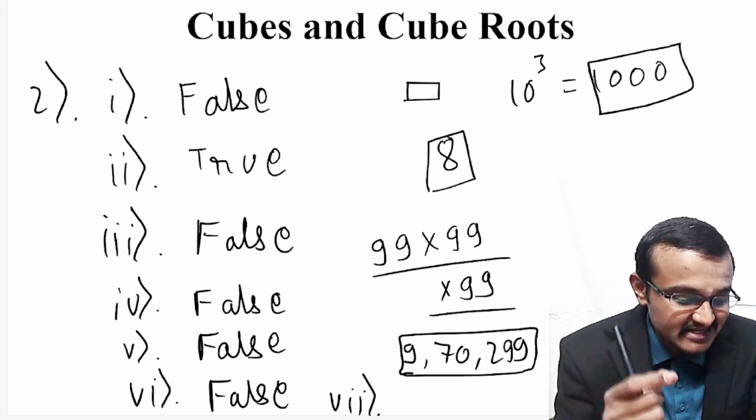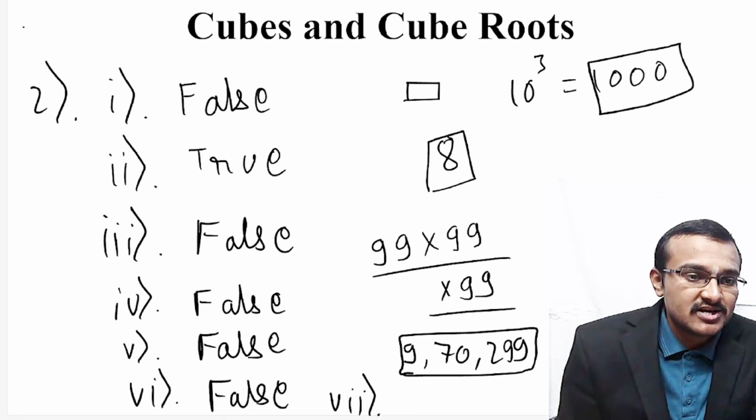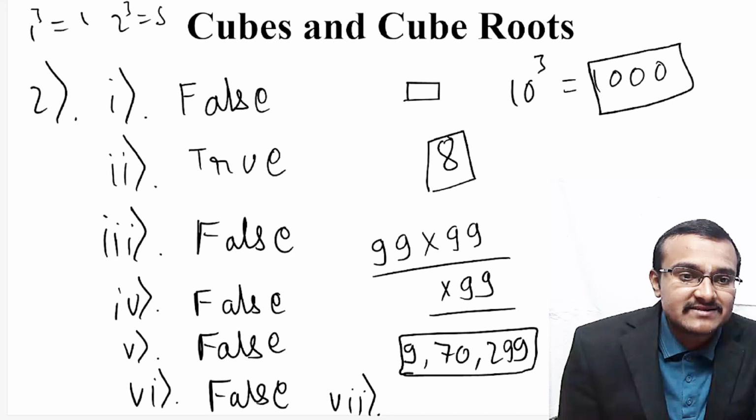So coming to the seventh question in this second question, they have given: the cube of a single digit number may be a single digit number. So it is true, because the cube of 1 is 1 and the cube of 2 is 8.